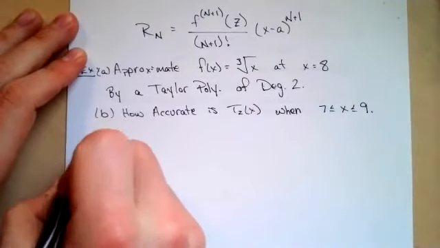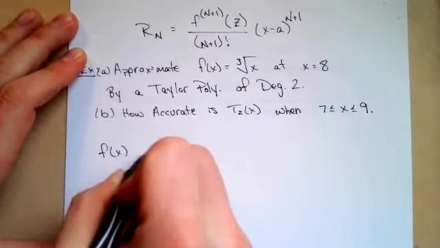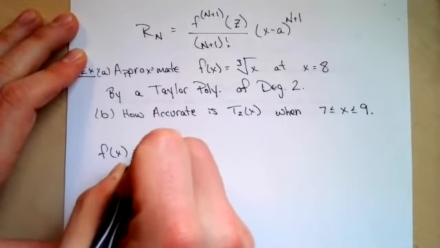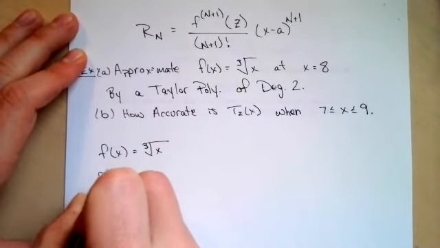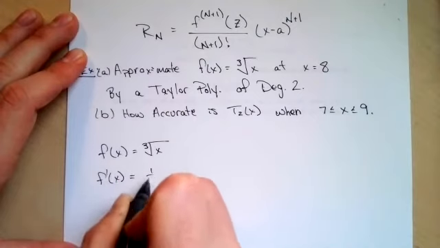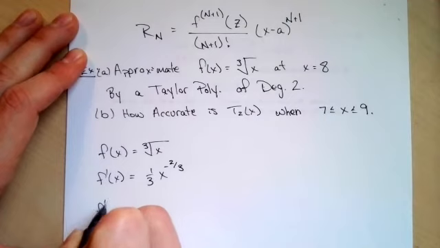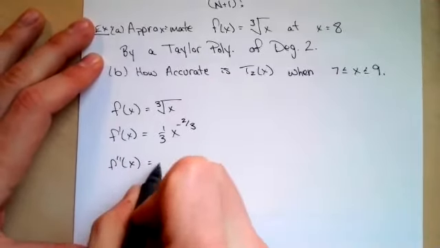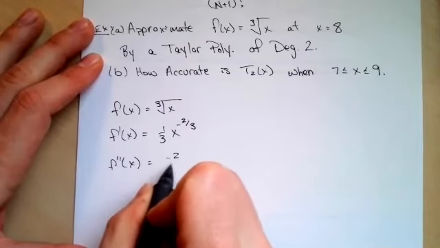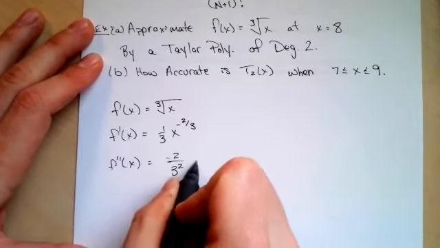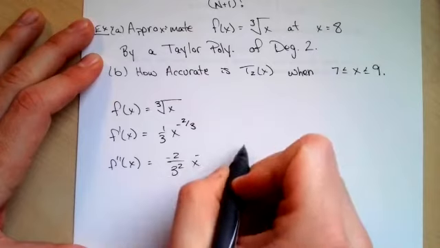So best way to do these is to, again, make a table: f of x, cube root of x, f prime of x is 1/3 x to the minus 2/3. So I'm just going to switch to fractional exponents, going to make our lives a bit easier. So we'll have minus 2/3 squared, x to the negative 5/3.